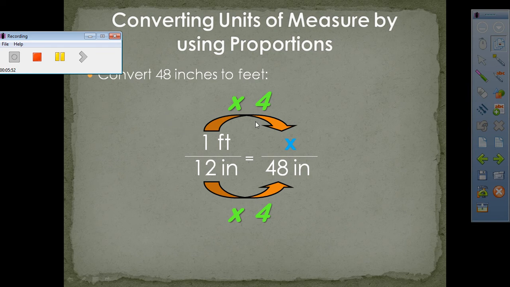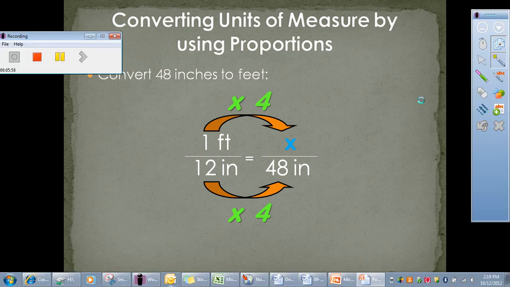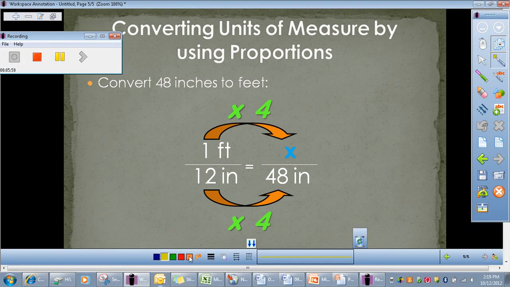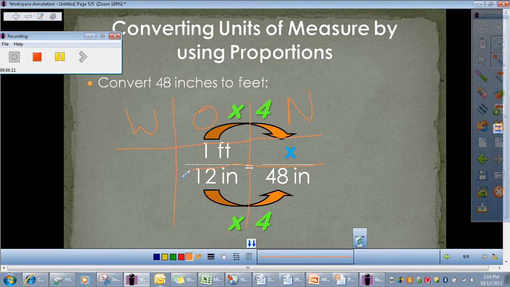So you can set that up, and in this case, just to make it a little bit more clear, this would be your WAND chart, okay? This would be feet. That would be inches. They just attach the word to the number, which is perfectly fine. Right? And that's basically it for customary measurement.